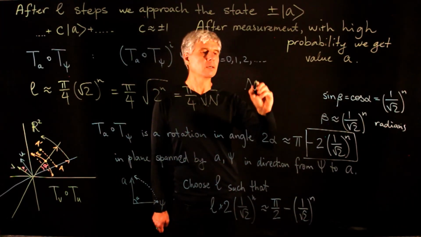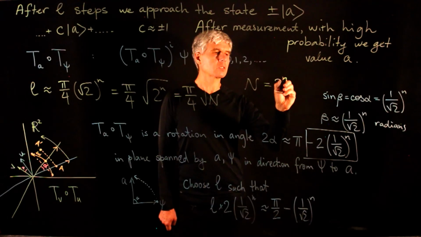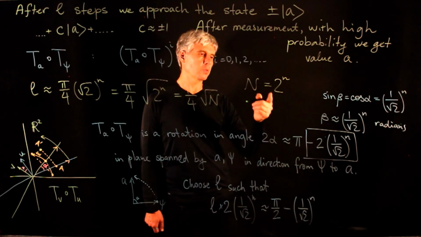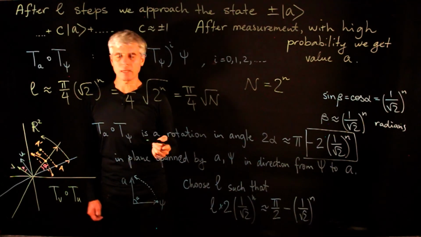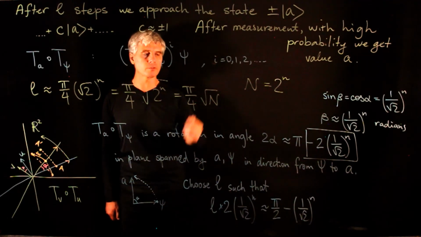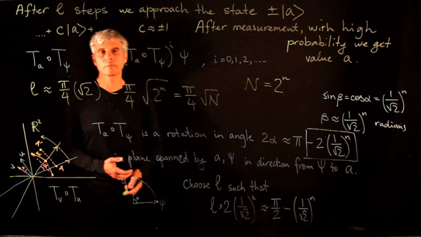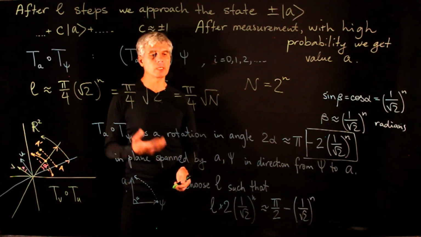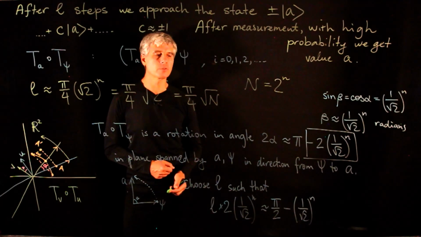So remember that N, the number of all possible inputs, is 2 to the power n, where n is the number of bits in our string. So the number of all possible n-bit strings is 2 to the power n. This means that the complexity of Grover's algorithm is square root of N. So this shows that with a quantum computer we can perform search in a way which is theoretically not possible classically, because with brute force it's clear that we can never achieve square root of N.